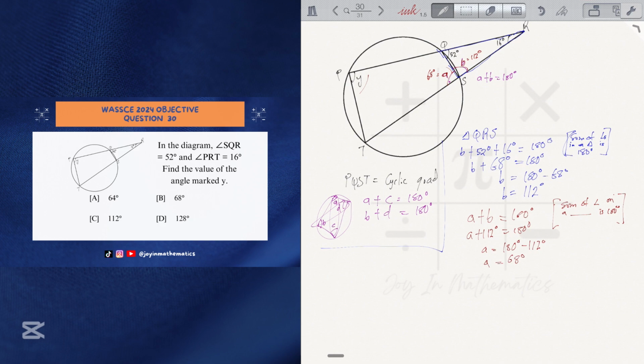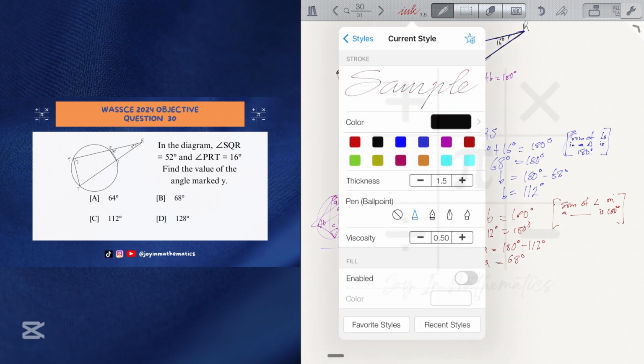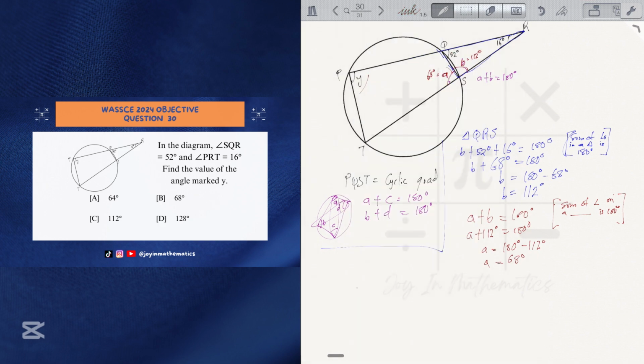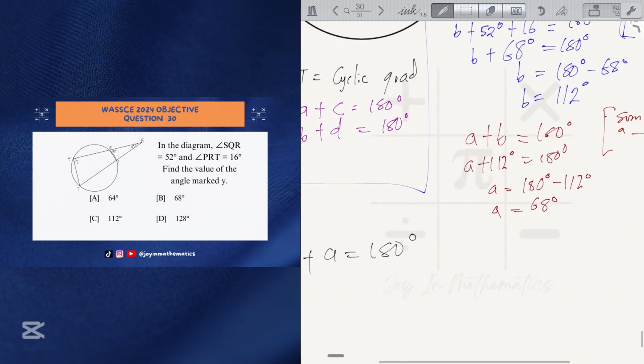That means it's supplementary. So with respect to that, we can say that Y plus A is equal to 180 degrees. And the reason is that opposite angles of a cyclic quadrilateral is supplementary. That means it is 180 degrees. Cyclic quad is 180 degrees.